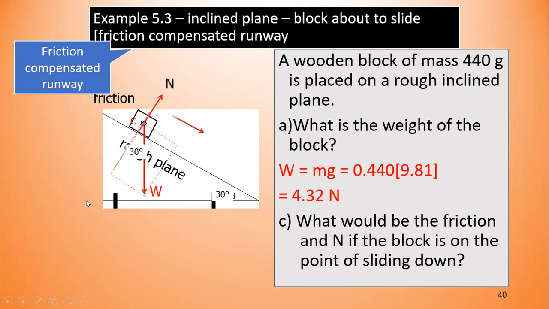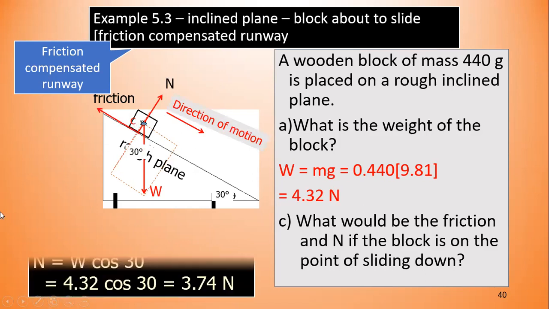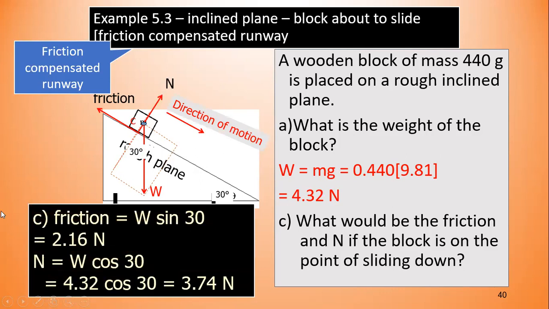And there's a normal reaction. These are the three forces. Since it's going to slide down, the friction must oppose the motion. It must go up between the two surfaces. So the friction must be compensated, or equal to the weight component, W sin 30.